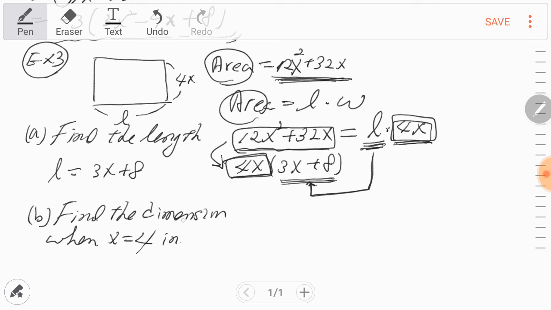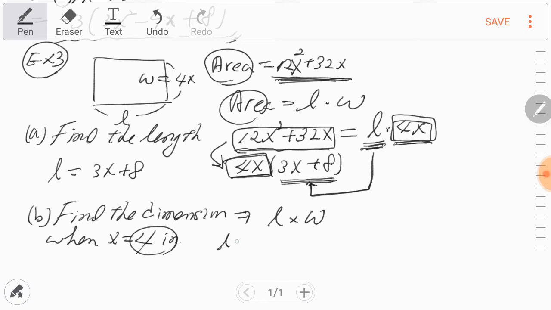Okay, now letter B is find the dimension of the rectangle when x is 4 inches. Then, the dimension is the length by the width. So since we have the x value, let's plug it in the L and the W. So W is 4x.